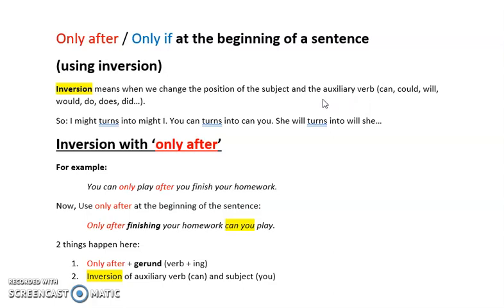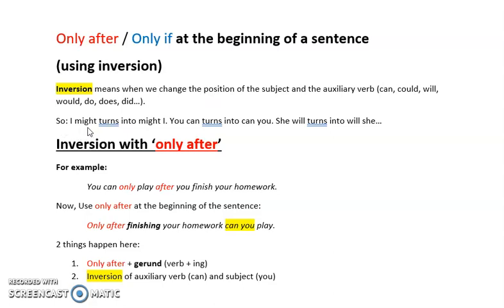So in our sentence, usually we have the subject first and then we have the auxiliary verb. But inversion means when you have the auxiliary verb first and then you have the subject. So we change the position. Let's look at a couple of examples.